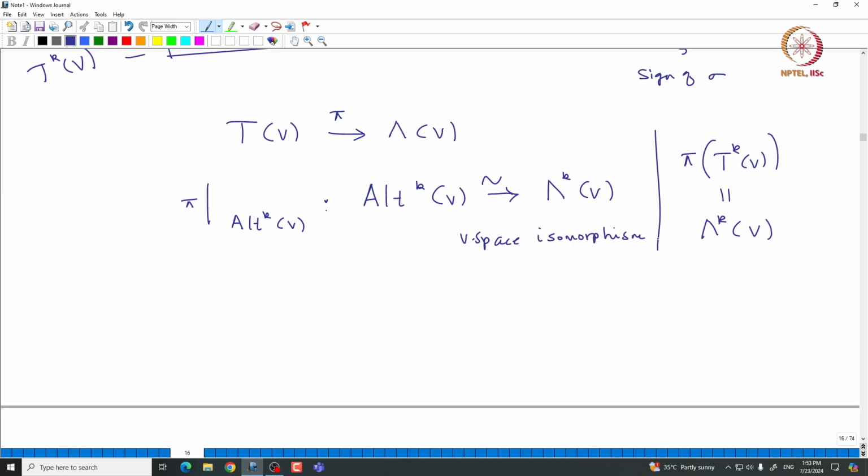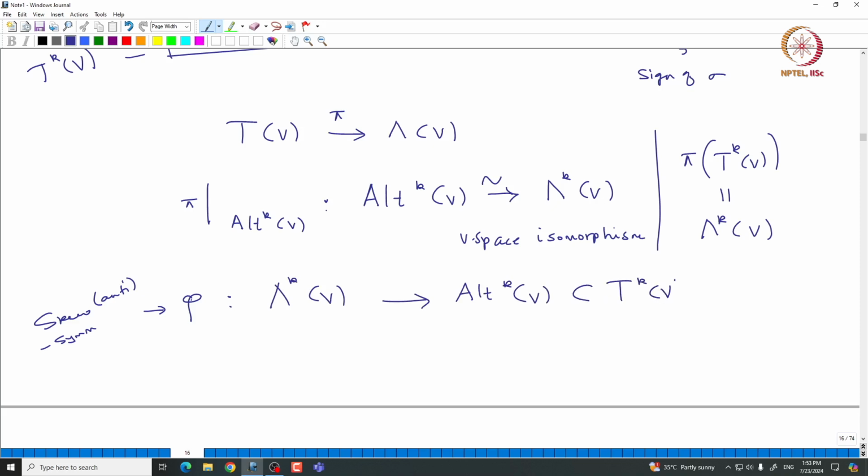The inverse map is given by what is called anti-symmetrization or skew symmetrization. Let us write the inverse map as some phi. This is a map from Lambda^k V to Alt^k V, which sits inside T^k V. So what is this map?